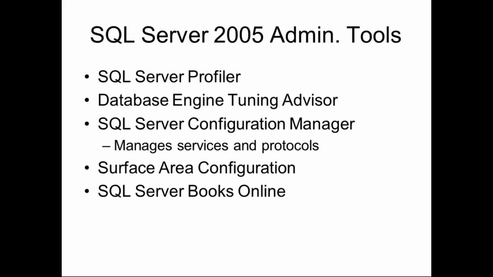The Configuration Manager handles service start and stop and protocols, like enabling or disabling protocols, and browser services. SAC is the Surface Area Configuration, through which we can start or stop the SQL services. And another, optional, thing is Books Online, which helps to get more advice.